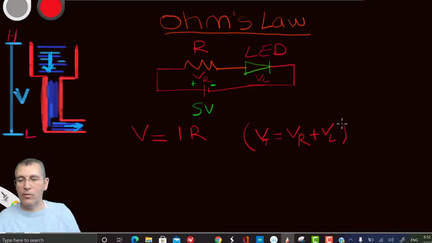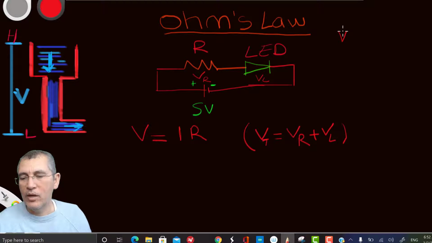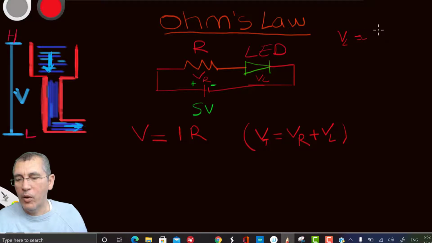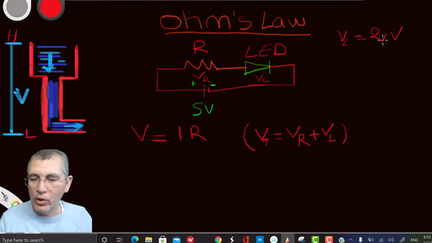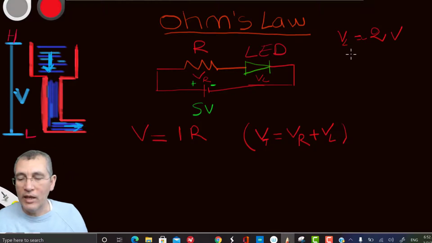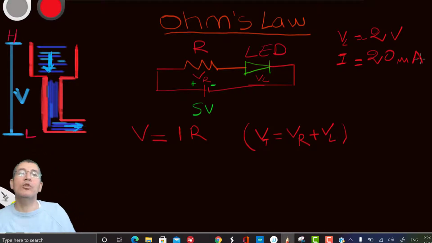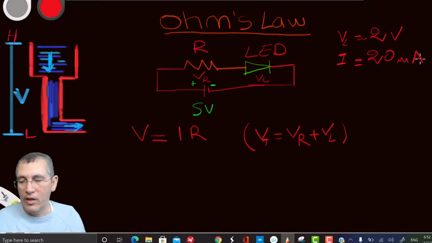VL is the rating of the LED we have, approximately 2 volts. We also have the operating current of the LED, so we don't burn it. It's going to be I equals 20 milliamperes.